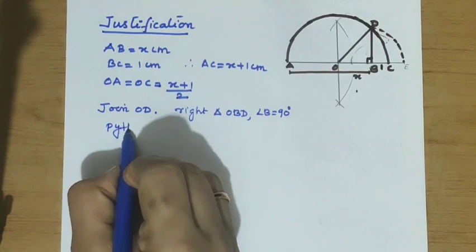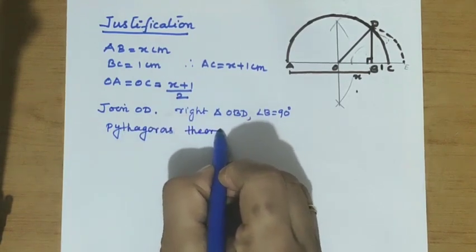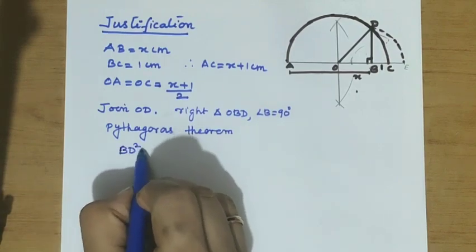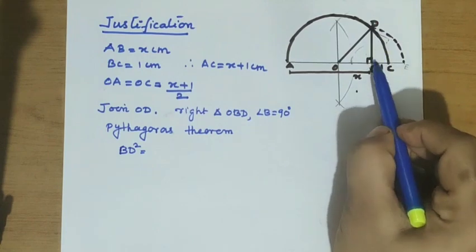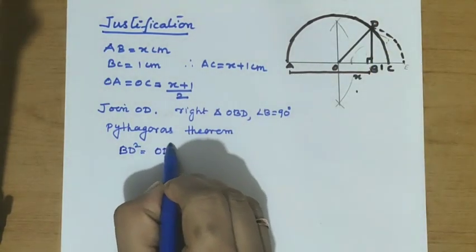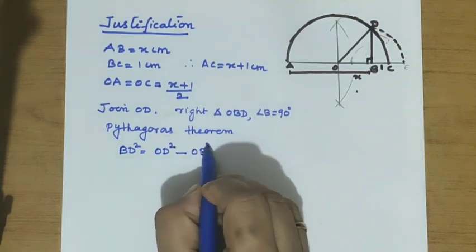By Pythagoras theorem, we can write BD square. I have not taken the hypotenuse, I have taken the perpendicular height. So BD square equal to hypotenuse OD square minus base OB square.